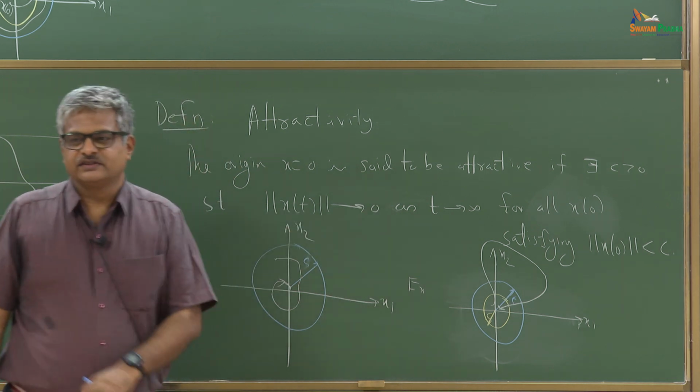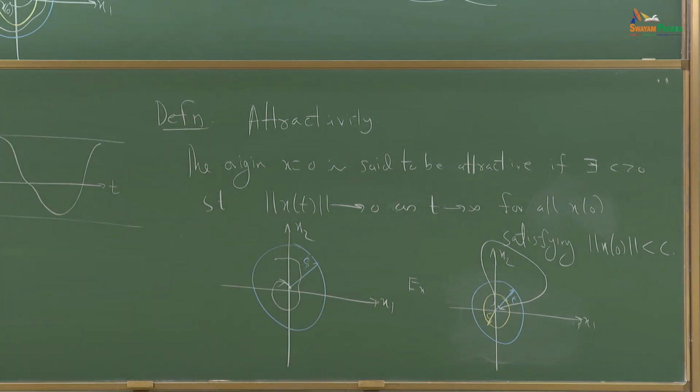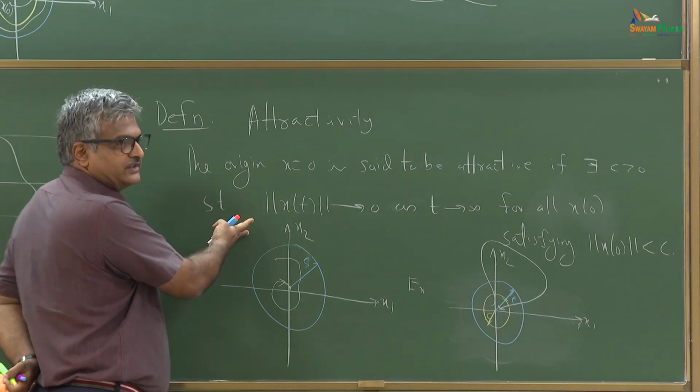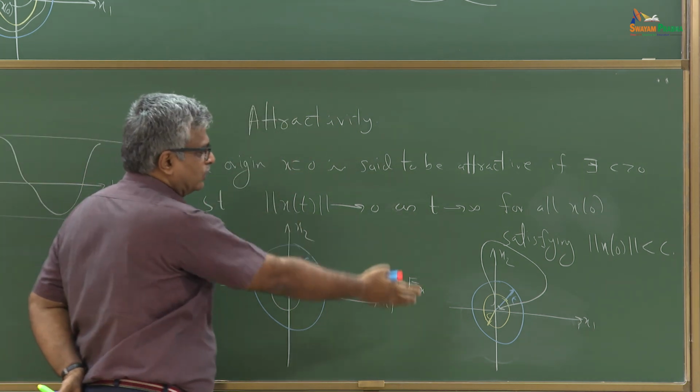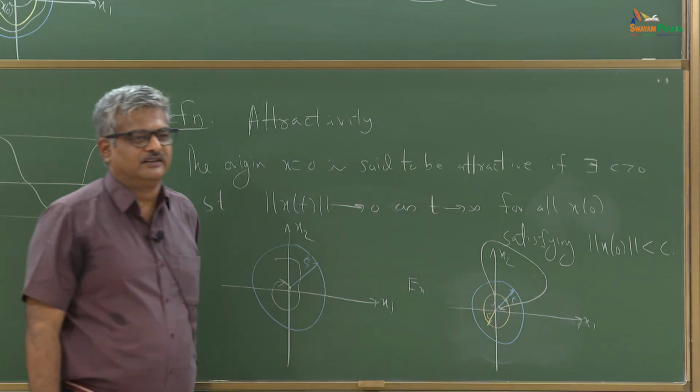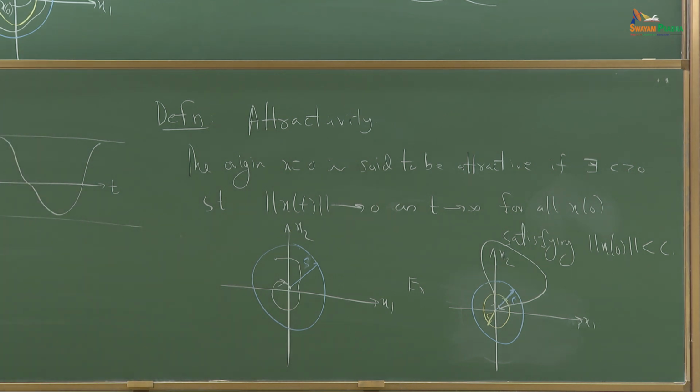It still satisfies this definition, it in no way violates it, but it violates the stability definition because you have gone out of the epsilon ball. So mere convergence doesn't mean anything, okay?